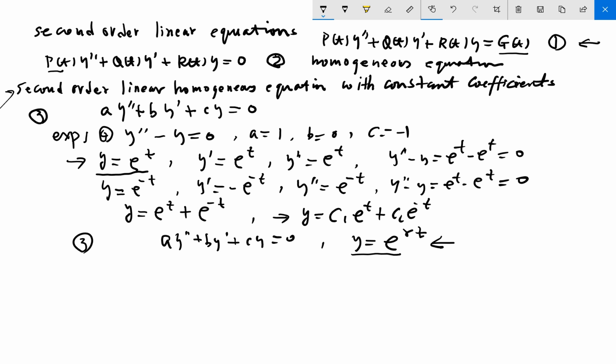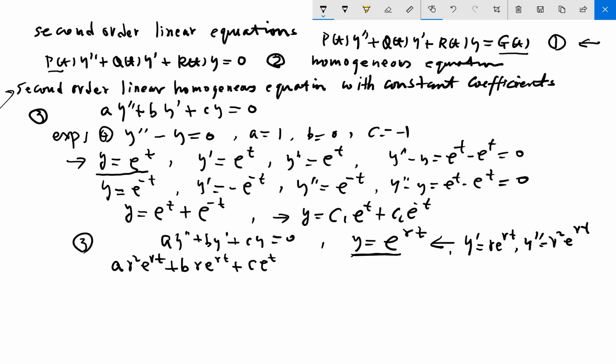What do we need to do? Just put it back into the equation, making the left-hand side equal to the right-hand side. Let's take a derivative first. The derivative of y gives you r e to the r t. Take a derivative again, and you get r squared e to the r t. When we put it back into the equation, we replace y double prime by r squared e to the r t, replace y prime by r e to the r t, plus c times y, which is e to the r t.